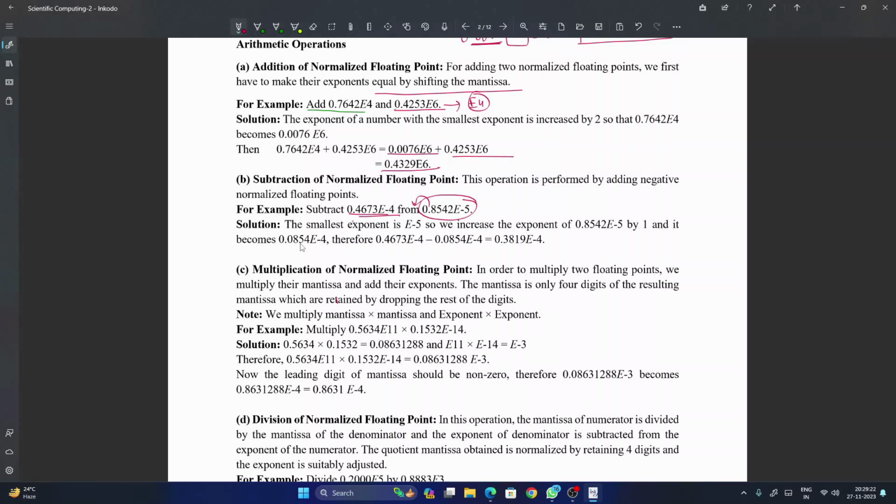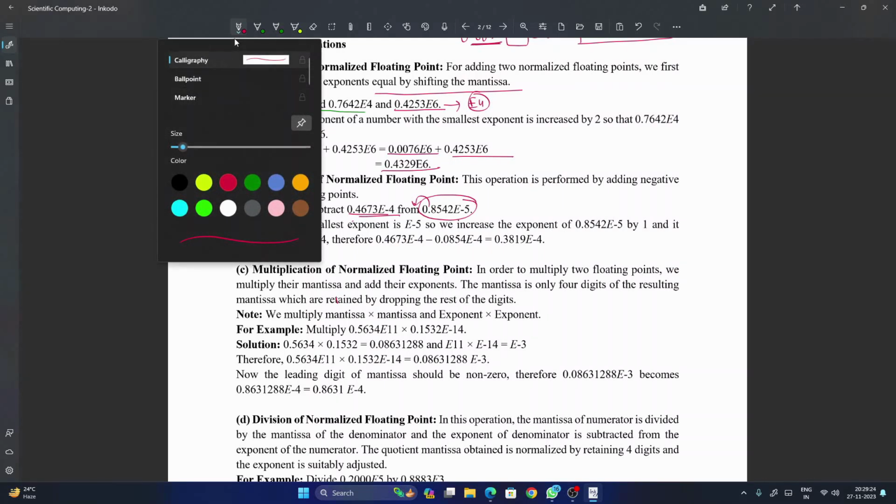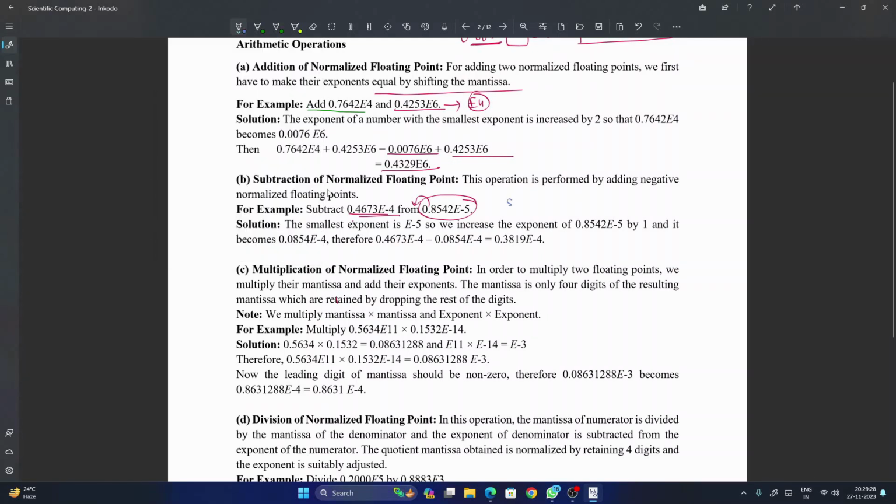So this language is actually wrong here. The language should be, I think, subtract 0.8542 e minus 5 from 0.4673 e minus 4, and otherwise you have to take one negative sign here if you take the subtraction like this.